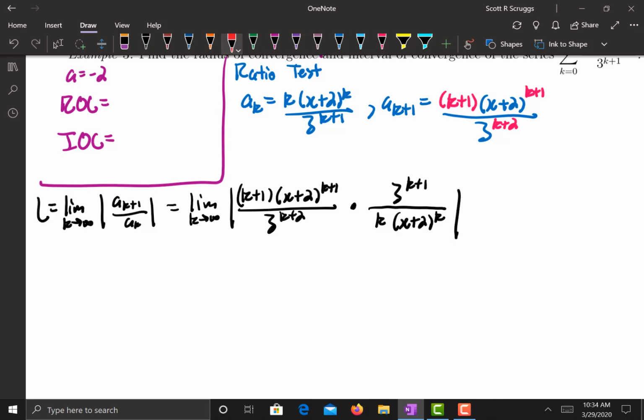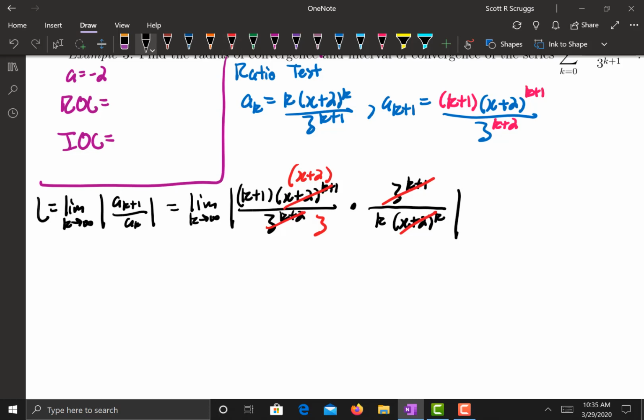All right, and let's do simplification. 3 to the k plus 2 over 3 to the k plus 1: I have 1 extra 3, so that simplifies down to 3 in the denominator. (x plus 2) to the k plus 1 over (x plus 2) to the k: I have an extra x plus 2, so that simplifies down to an x plus 2.